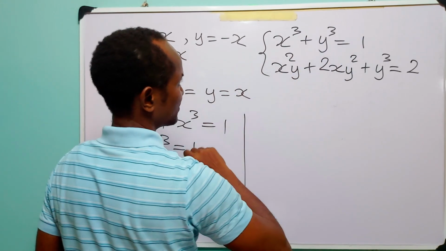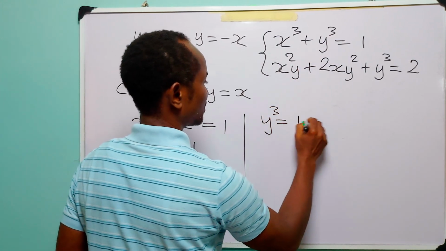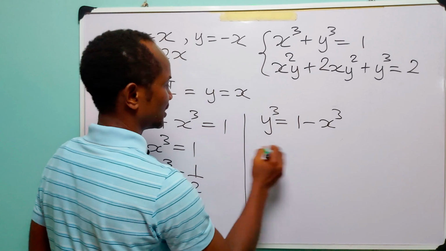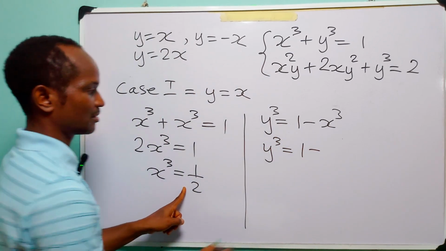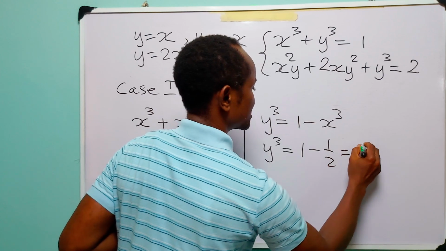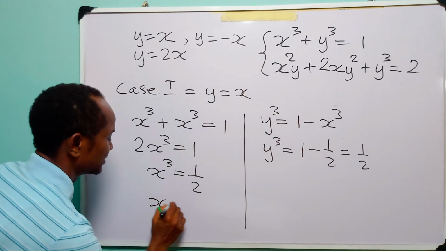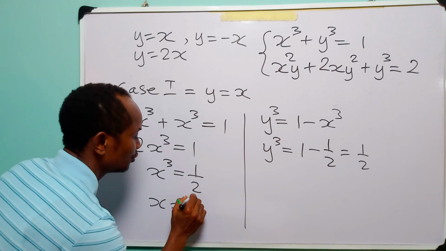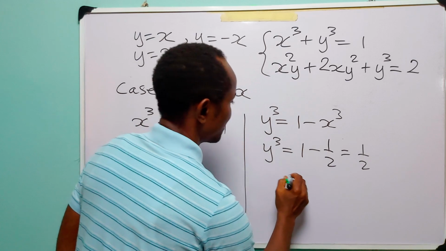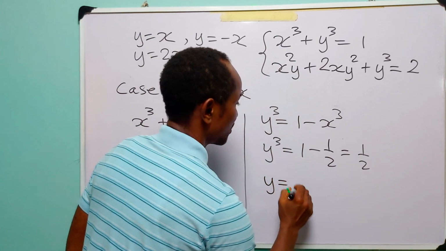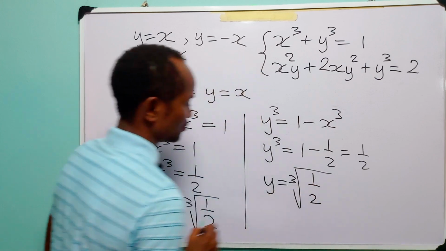We come back to this equation. From this equation, of course, we have that y cubed is equal to 1 minus x cubed. So we have that y cubed is equal to 1 minus half, which is equal to half. From here, we have that x is equal to the cube root of 1 over 2. And from here, we have that y is equal to the cube root of 1 over 2.